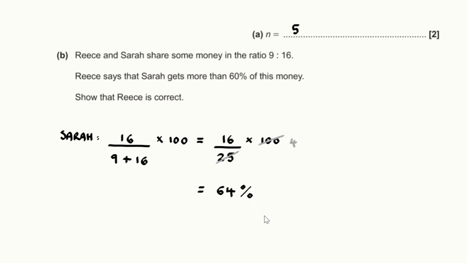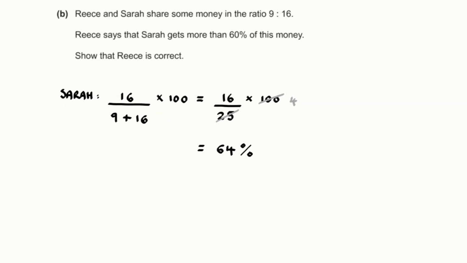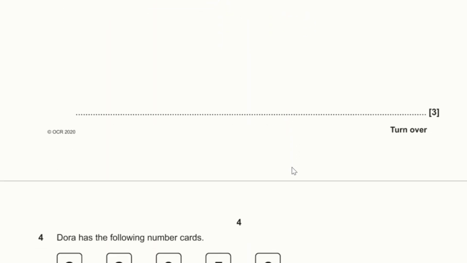Sarah gets 64% of the money, which is indeed greater than the 60%. And so we can conclude over here that Reese is correct.